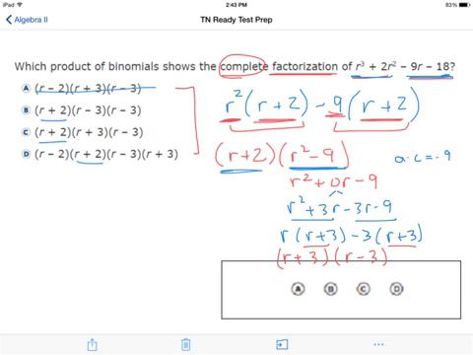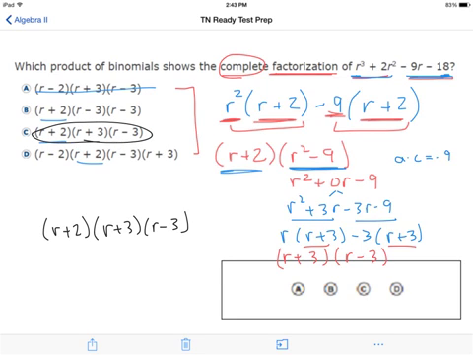Therefore, I know that my factors are r plus 2, r plus 3, and r minus 3. So therefore I can say, that is choice C, and then I want to go to my answer sheet and make sure that I bubble that in.